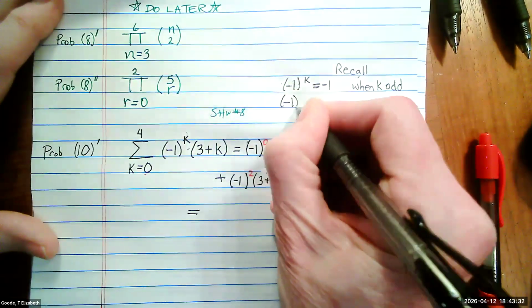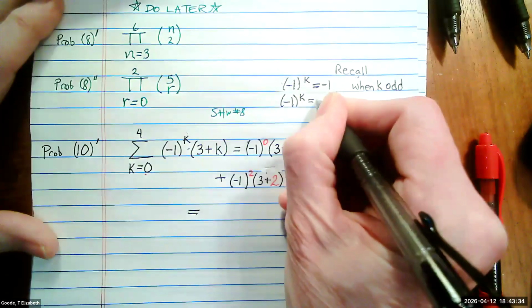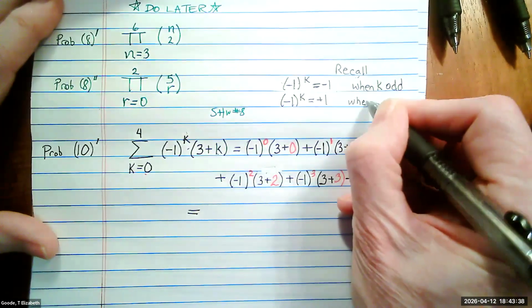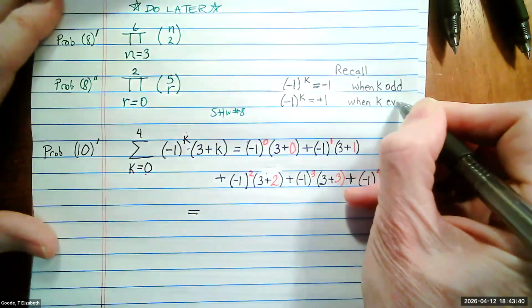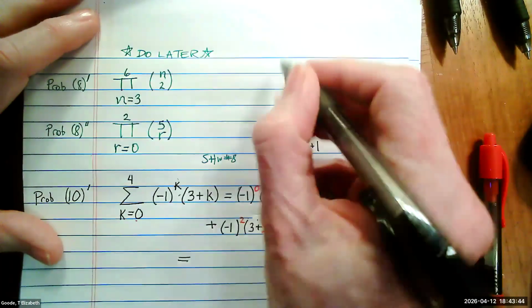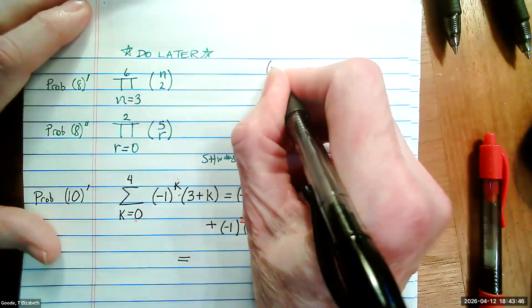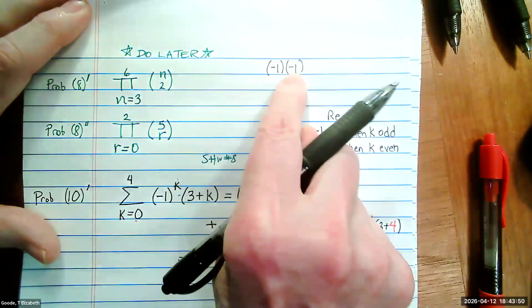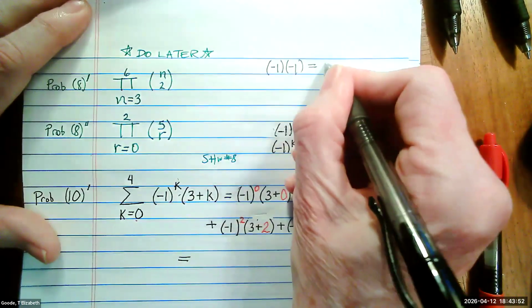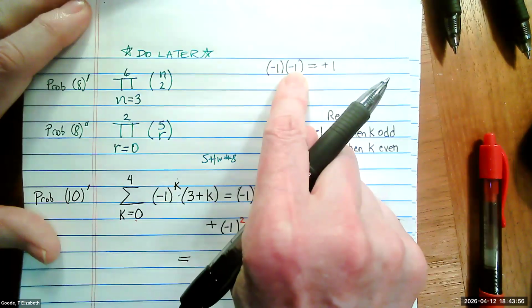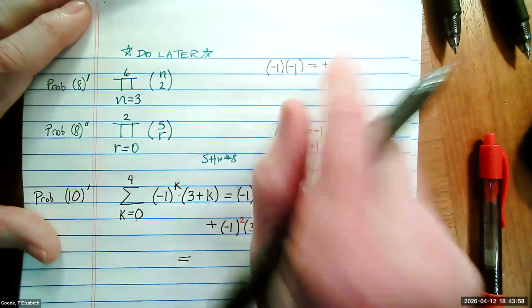And -1 to the k is equal to +1 when k is even. Do you remember that if we multiply -1 times -1, two negatives, they cancel each other out and we get a positive?